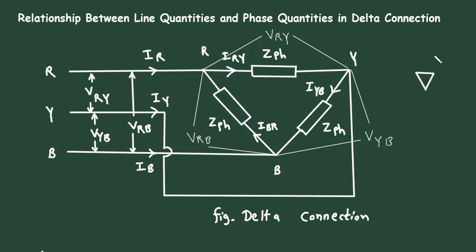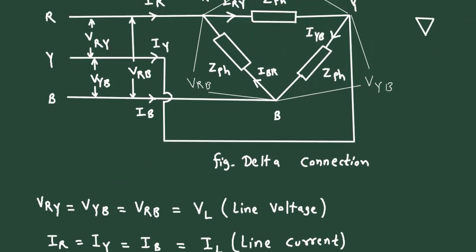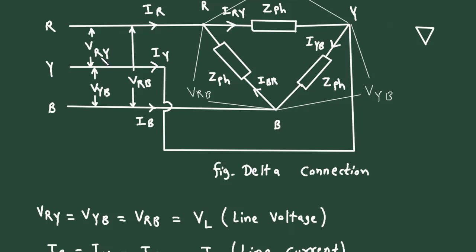Now here VRY is equal to VYB is equal to VRB. This is called line voltage. It is represented by VL. This side is called the line side or supply side.